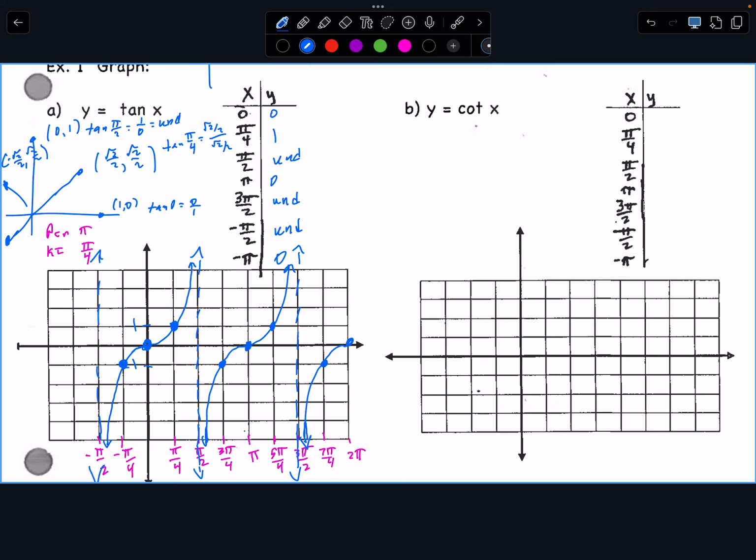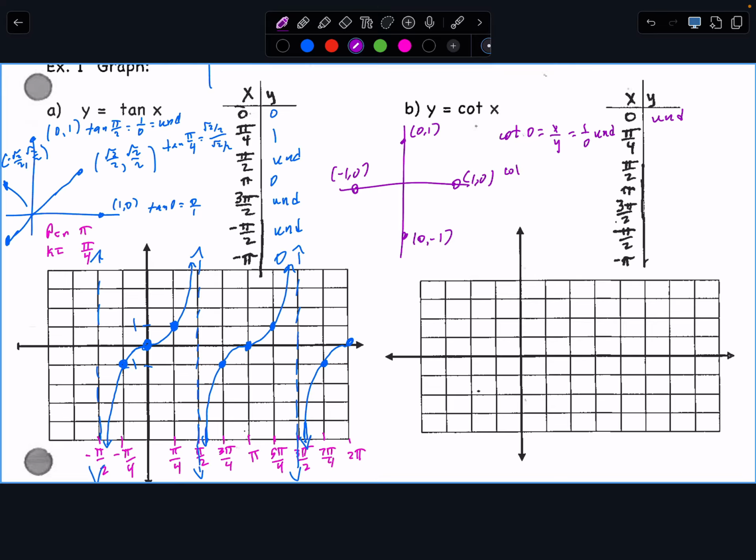And so if we look at these quadrantal angles on the unit circle, the cotangent of 0 is your x over your y, which is 1 over 0. It is undefined.